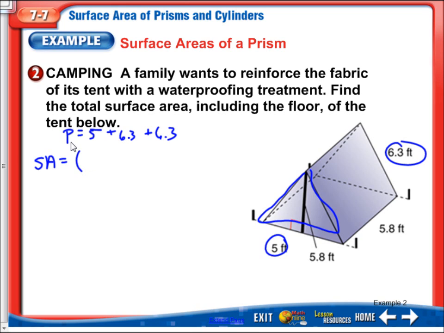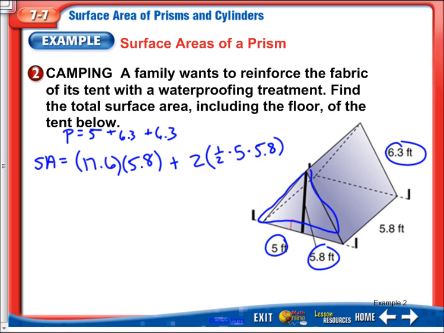The perimeter is 17.6. Now I need my height, which is this 5.8 right there, plus 2 times the area of the base. Now, if you remember, to find the area of a triangle, I'm going to have 1/2 times the base, which is 5, times the height, which is 5.8.